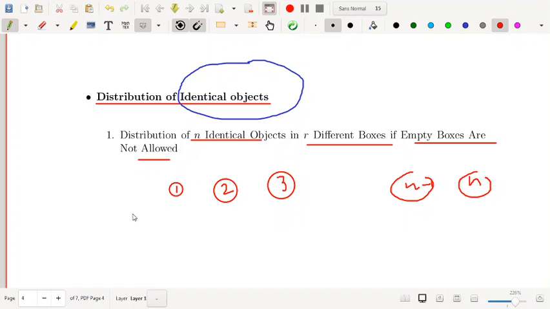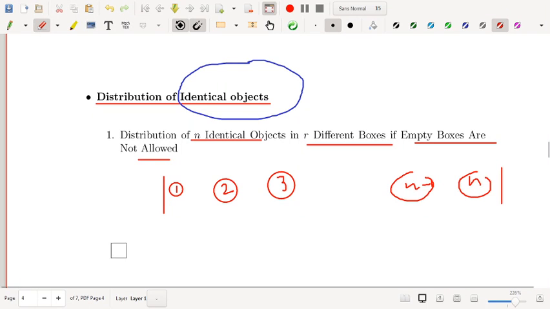Now to form r groups, listen very carefully, to form r groups we require to put r minus 1 identical partitions. If empty boxes are not allowed, then you cannot put a partition to the left of the first object or to the right of the last object, the nth object, because empty boxes are not allowed.